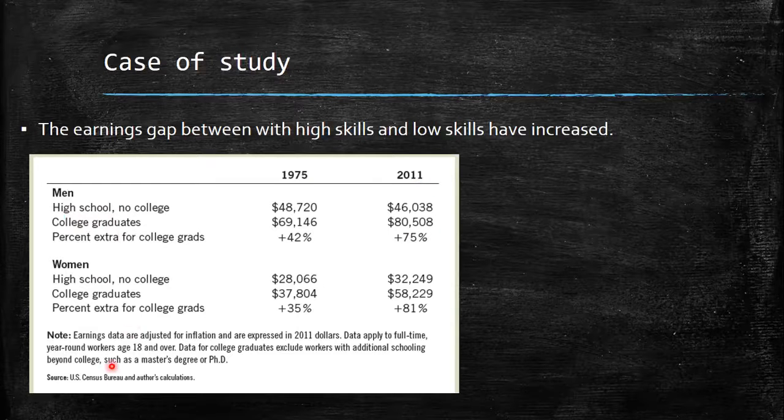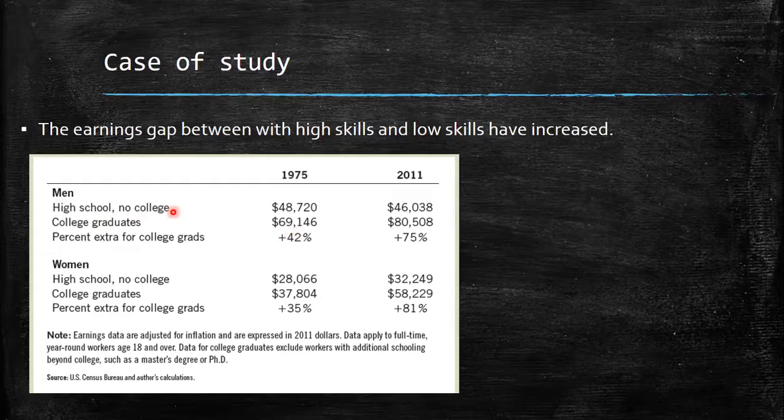Then here we have people. This is the earning during one complete year. Remember, we can compare two of them because we already have taken out the prices impact, so we can compare easily between them. So here we have men with high school, it means no college, or college graduates.